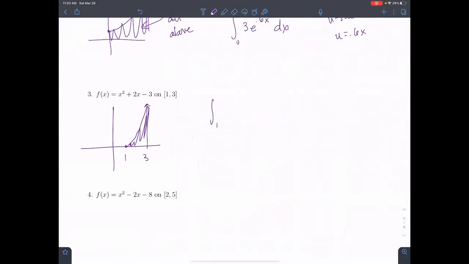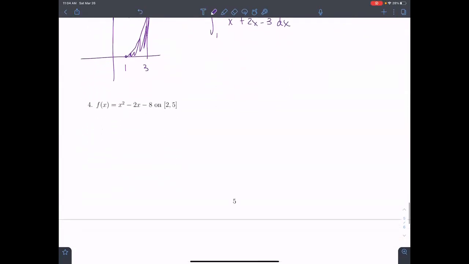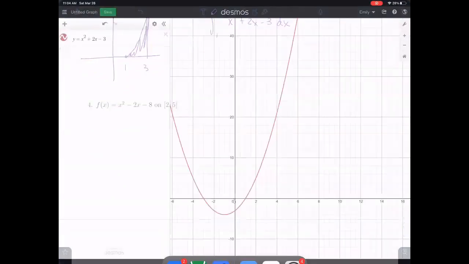So just take the integral from 1 to 3 of that function, which is a straightforward integral.